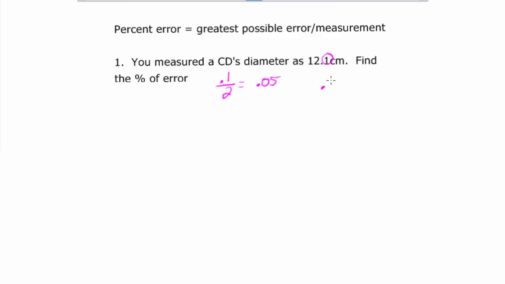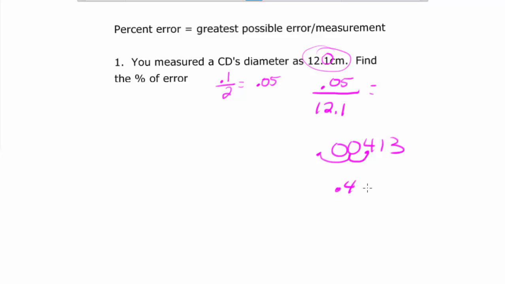So you're going to do 0.05 divided by whatever the measure is we're dealing with, 12.1. So 0.05 divided by 12.1 is 0.00413. Then we have to move our decimal over 2 places, so 0.4%.